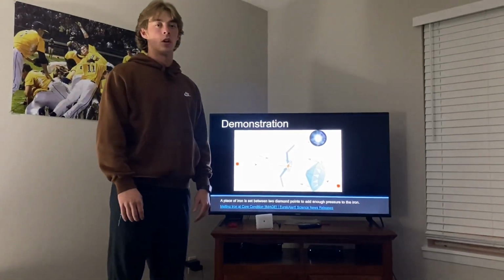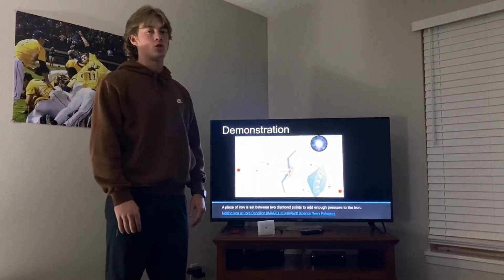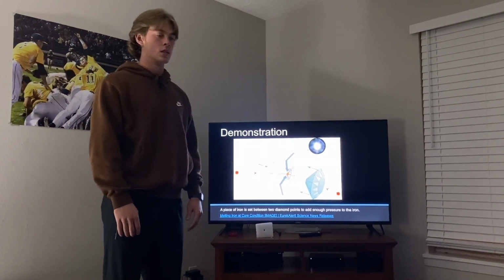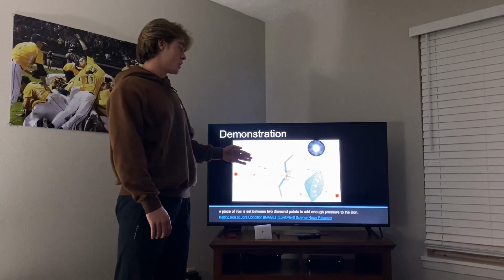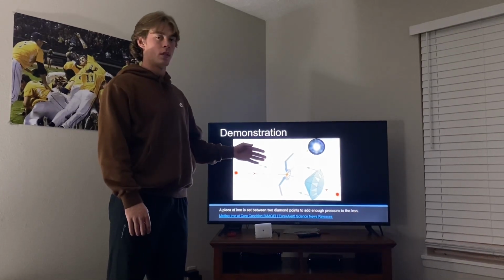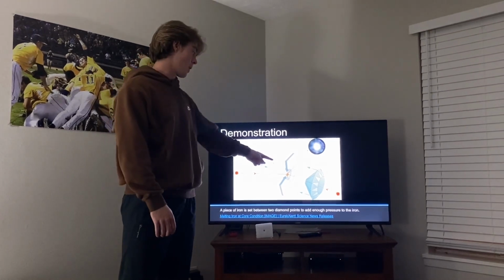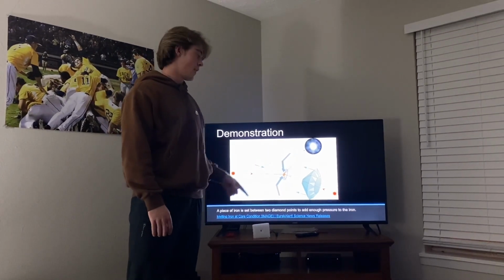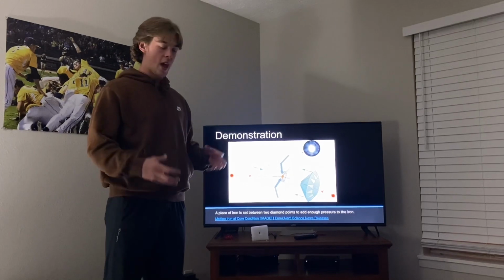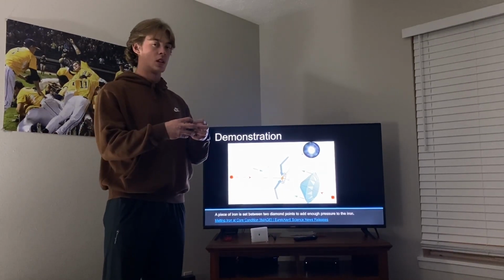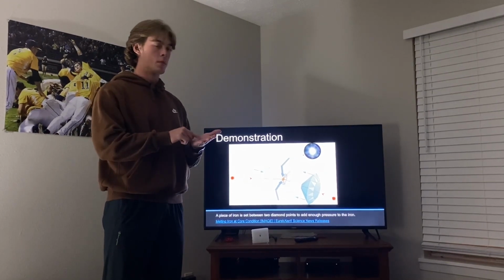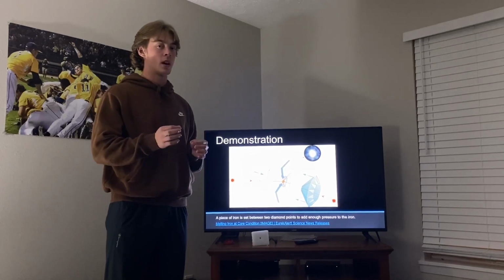Now I would like to talk about my demonstration. The demonstration I'm going to be showing is how they do a lab of the temperature of the Earth's inner core. They take a metal slab just like this, and they take two diamond points, and they mash the diamond points together with a piece of iron in between them that is the size of a speck of dust.